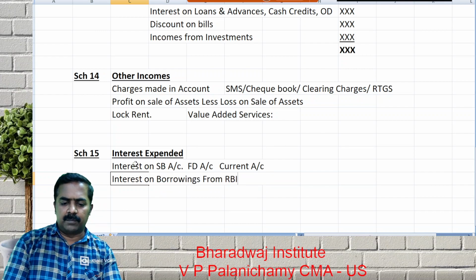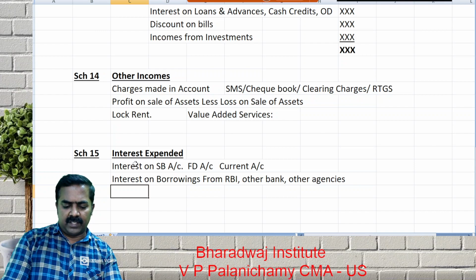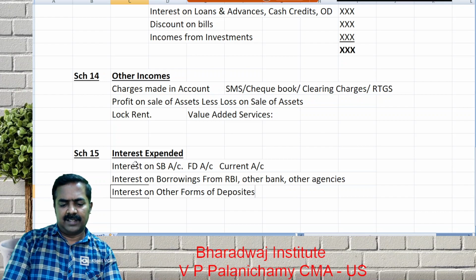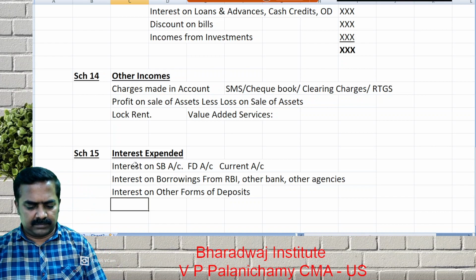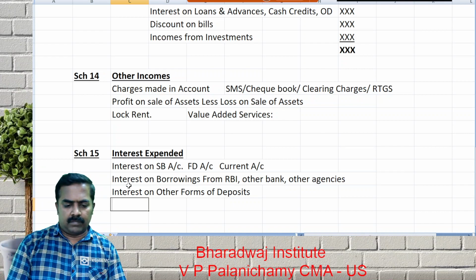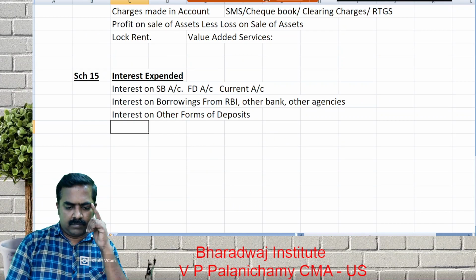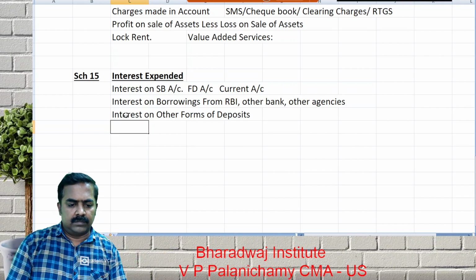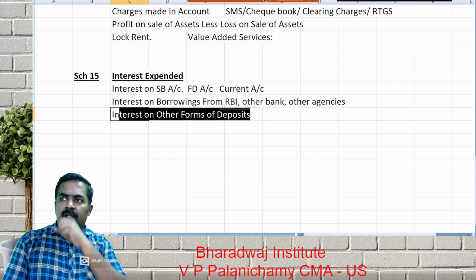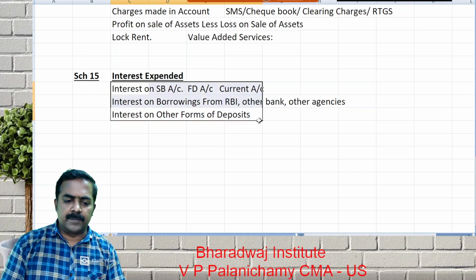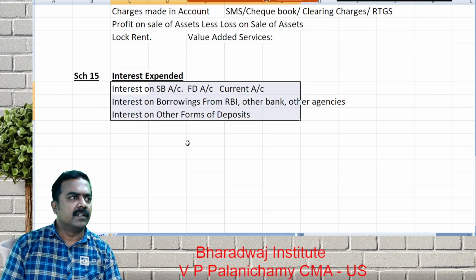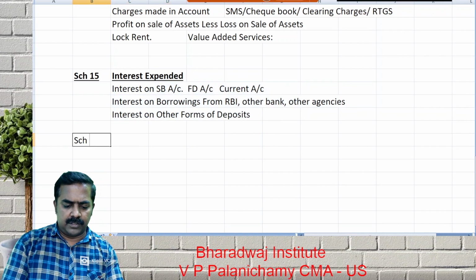From RBI we would have borrowed, or from other banks, or other agencies. Then interest on other forms of deposits accepted. For all these things you have to pay interest. So all types of interest expended will come in what? Schedule number 15.